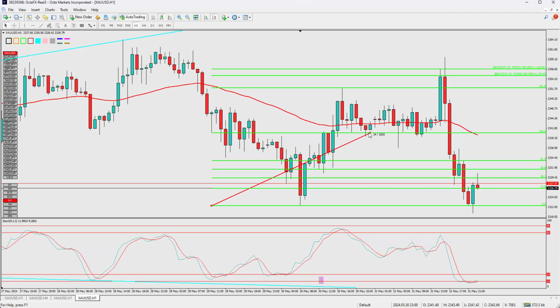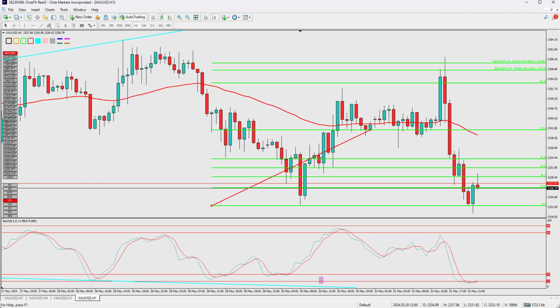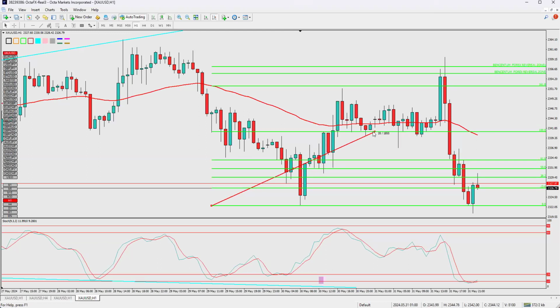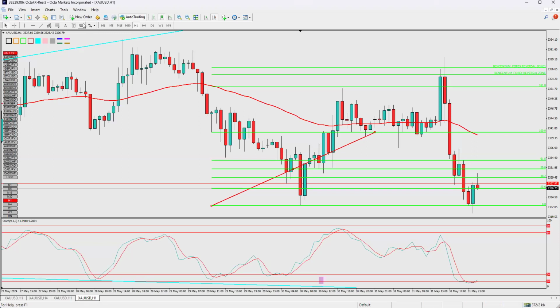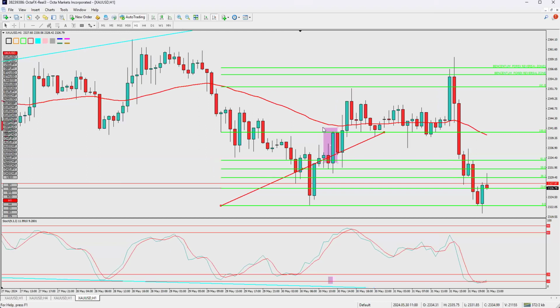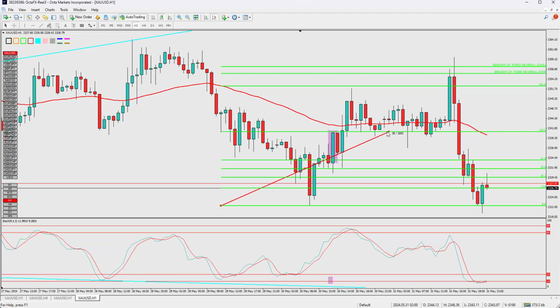This is where we have the breakout. This is the candle that is causing the breakout. So I just put it at the break of that candle, at the closing of that candle. That's why I put my 100 level.